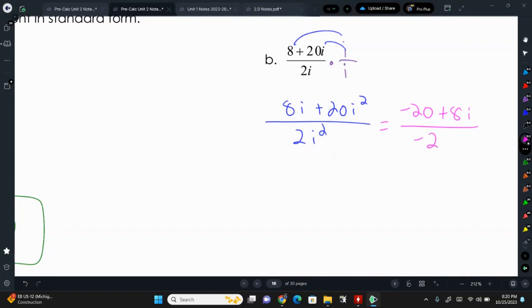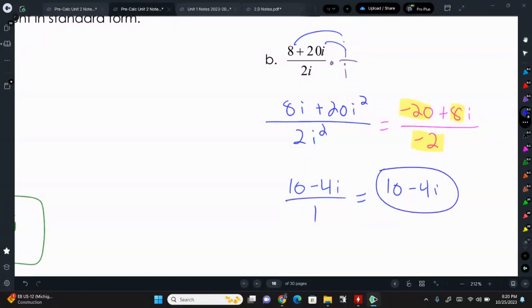So then we got to simplify this fraction. We can divide everything here by -2. So I'm going to get 10 minus 4i over 1, because I'm dividing everything by -2. And we don't want to write over 1, so it just becomes 10 minus 4i.